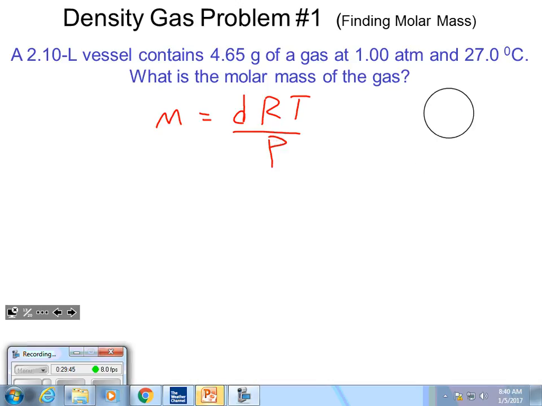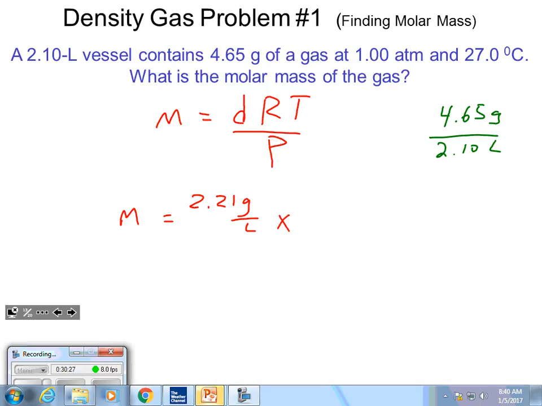So my density is going to be 4.65 grams over 2.10 liters, which is going to be 2.21 grams per liter, because that's my density.